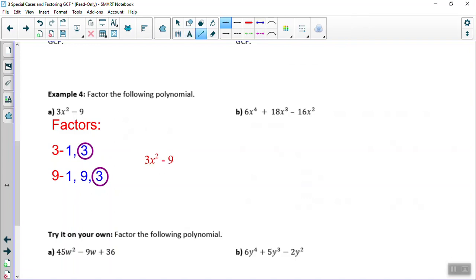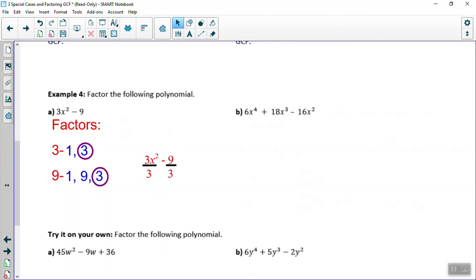And now what I'm going to do is divide them both by 3. So now I'm going to divide this one by 3, and I'm going to divide this by 3. We're undoing that distributive property. I'm pulling a 3 out.